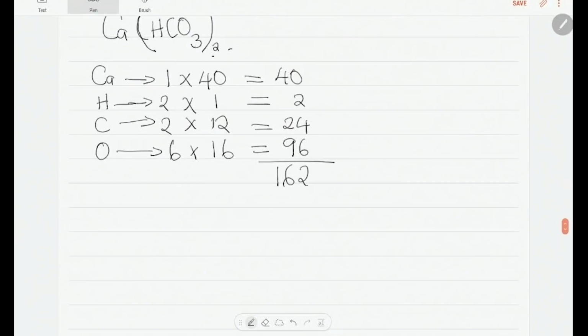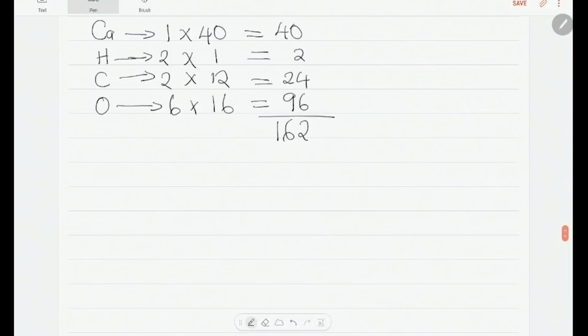Which of the following statements explains why magnesium, calcium, and barium are placed in group 2 of the periodic table? One thing that you should know about the periodic table is that it consists of periods as well as groups.